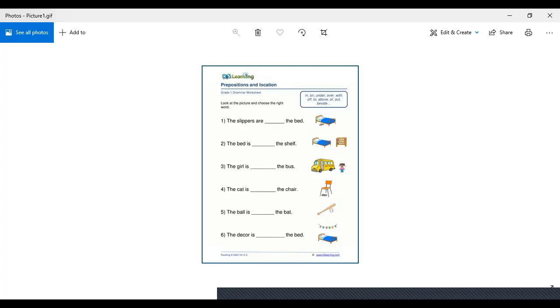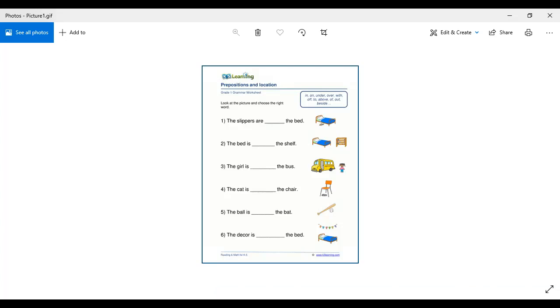The slippers are under the bed, right? Then: the bed is dash the shelf. The bed is beside the shelf, right? Now the word beside is used to tell the position of something which is closer to another one, right? Then: the girl is dash the bus. The girl is off the bus, right?